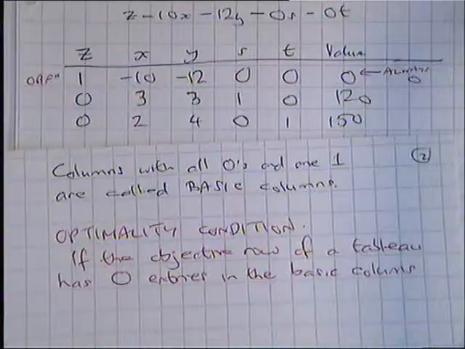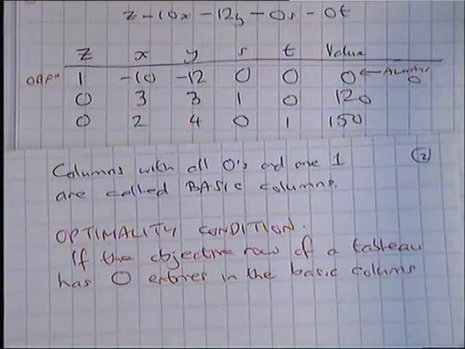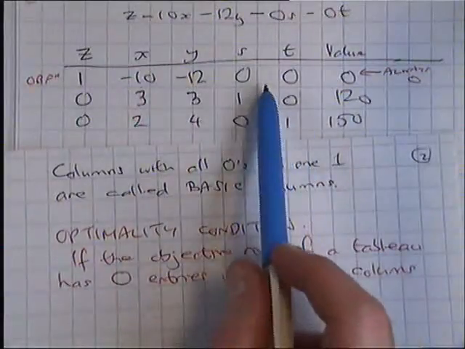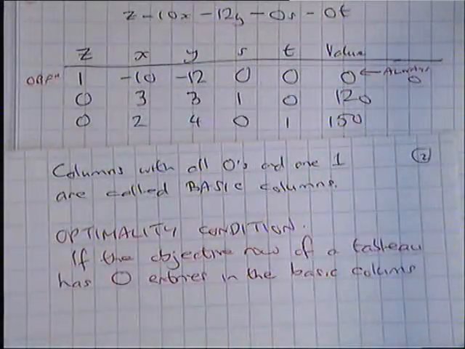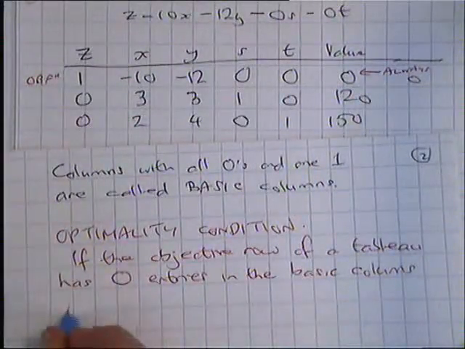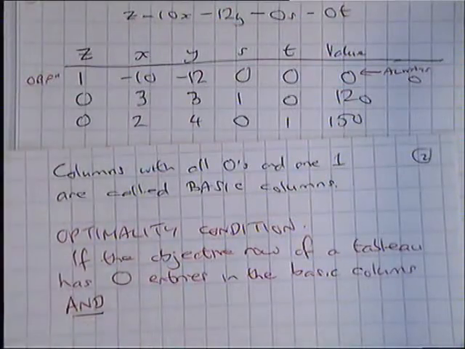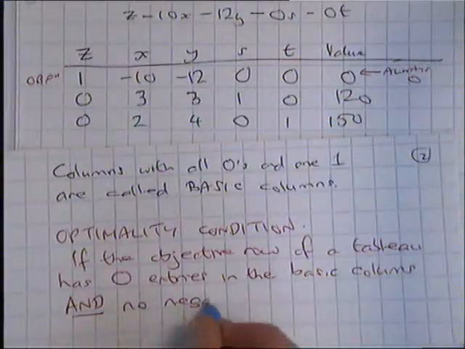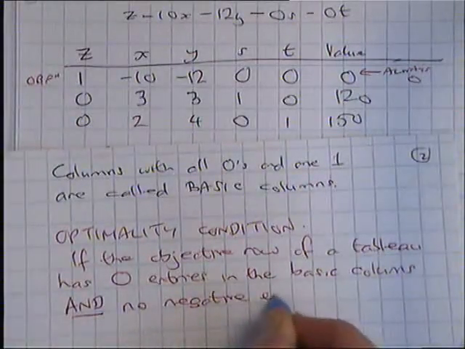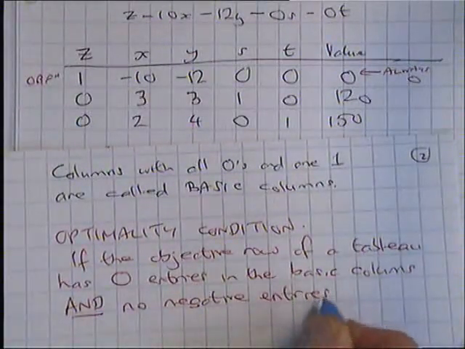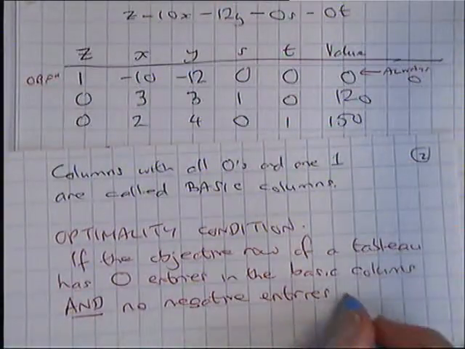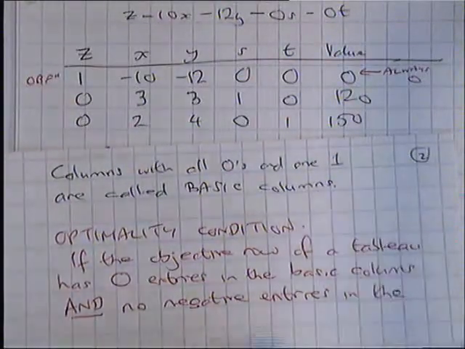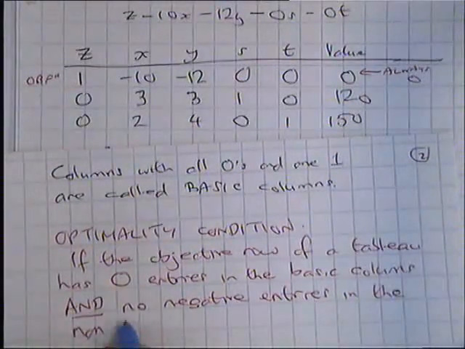Now at the moment, does our objective row have 0 entries in the basic columns? Because the basic columns are these two, and it does have 0 entries in the objective row. But then there's something else that has to happen, and no negative entries in the non-basic columns.